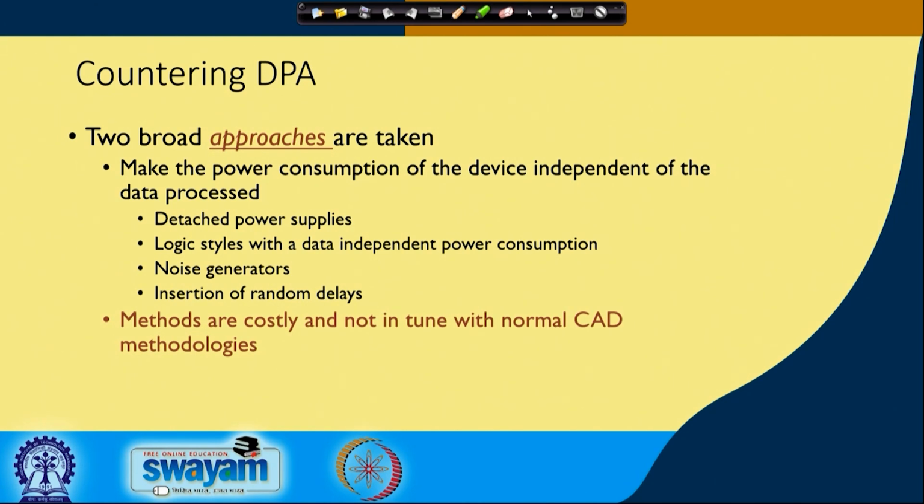But the point is that most of these techniques are not in tune with the normal CAD methodologies, and the methods are often costly. More importantly, these techniques being ad hoc do not guarantee protection against these kinds of attacks.